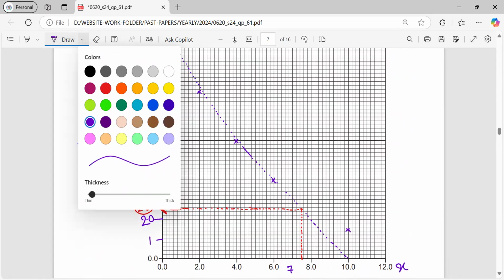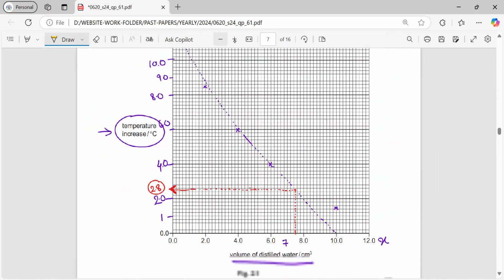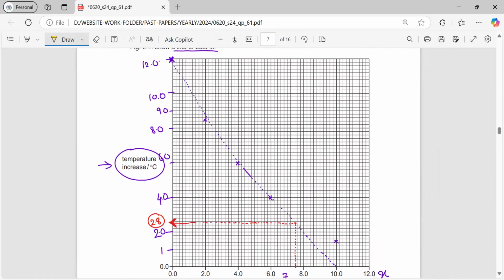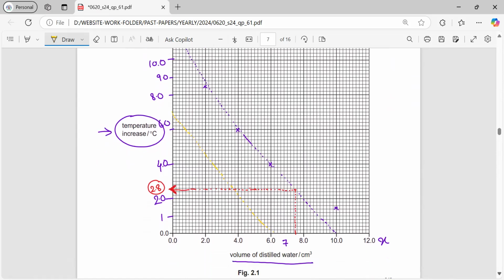So all the points will be a little bit down, and the line will be like this. And we'll label it as question G.